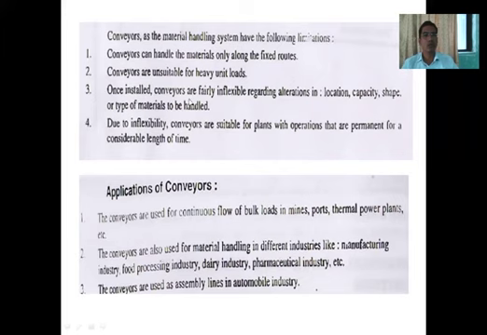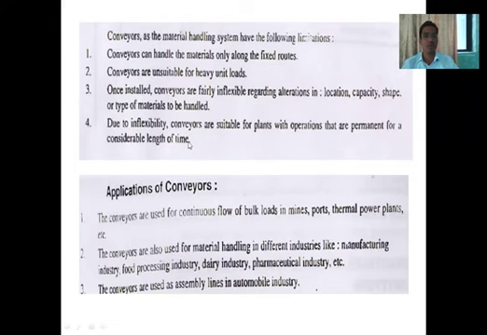Then once installed, conveyors are fairly inflexible regarding alteration in location, capacity, shape or the type of material to be handled. Due to inflexibility, conveyors are suitable for plants in operations that are permanent for a considerable length of time. So these are the limitations of conveyors as a material handling system.